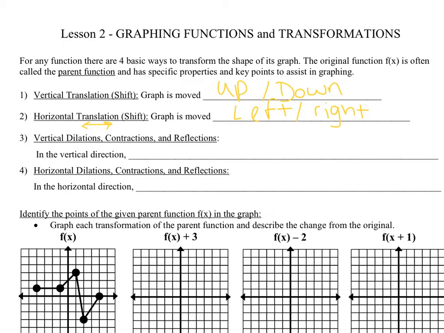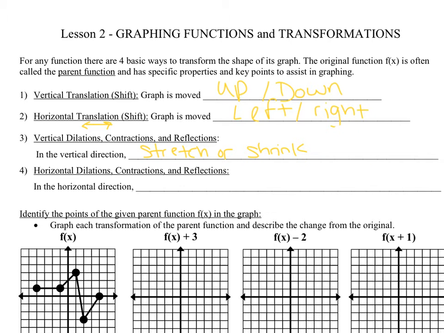Vertical dilations and reflections. We call this in a vertical direction a stretch or a shrink. For example, that would be like taking a circle and stretching it vertically, sort of making an ellipse. If you know what an ellipse looks like, it's like an orbit.